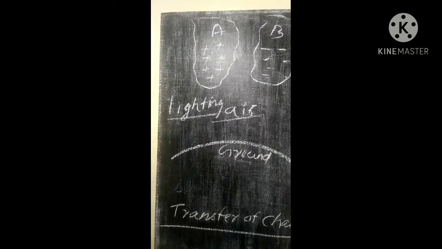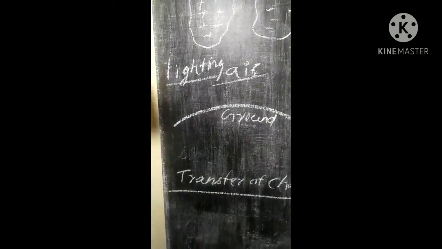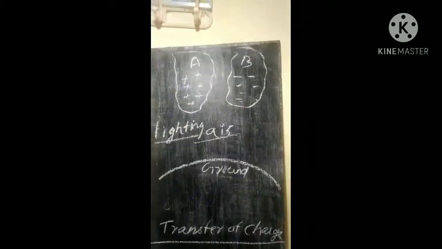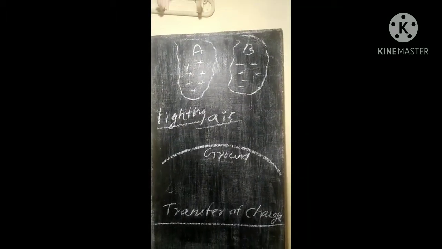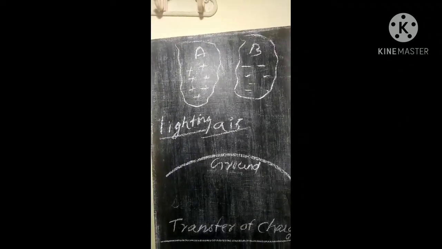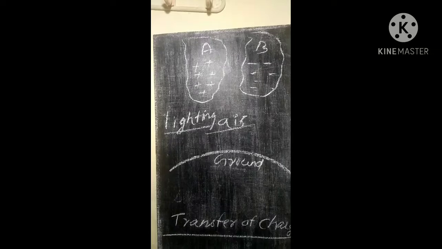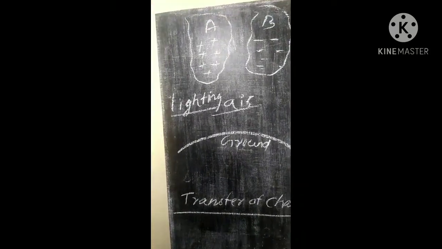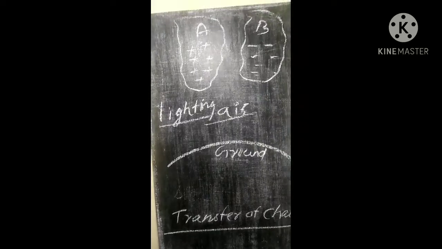So we hear the sound later, and we see the streak of light first, because light travels faster than sound. Sound waves are slower than light waves through the air.